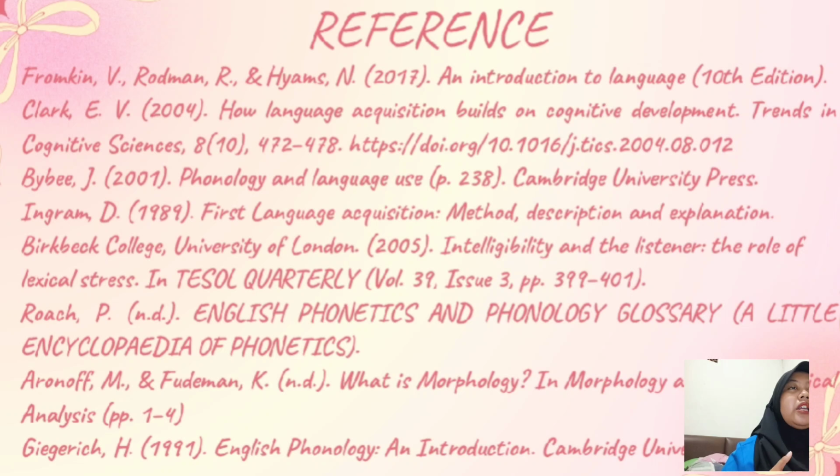And the study by Ingram on first language acquisition adds background on how stress and phonological systems develop in early language learning. And the article from Birkbeck College, University of London, focuses on intelligibility and the role of lexical stress, showing why correct stress placement is important for listener comprehension.